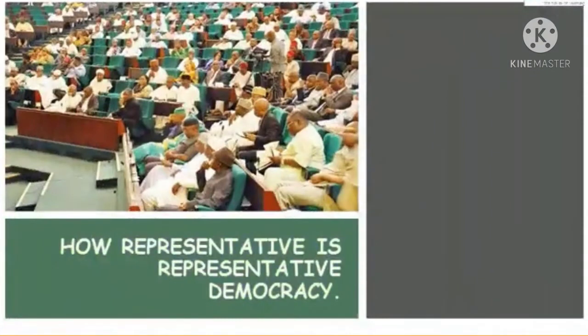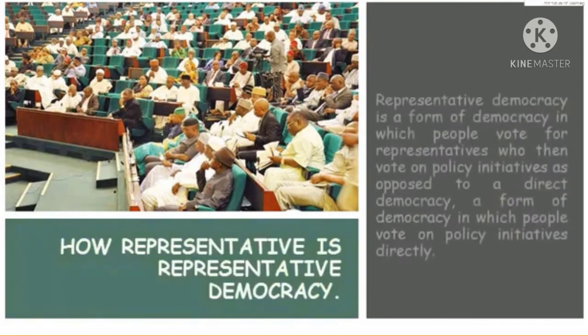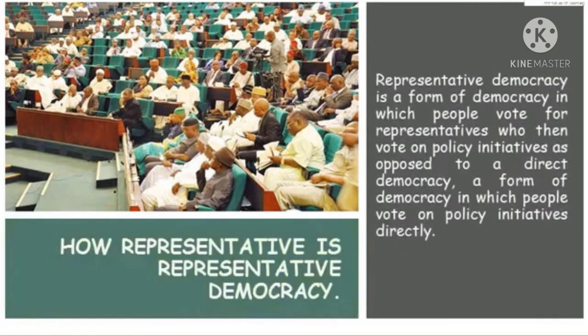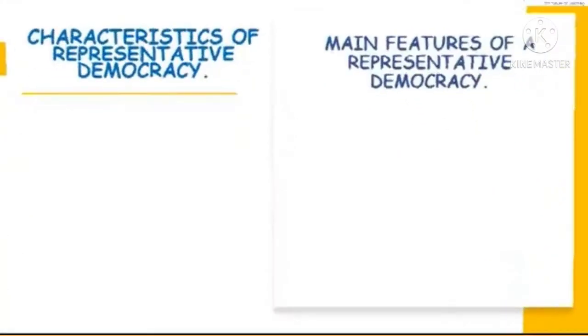However, how representative is representative democracy? Representative democracy is a form of democracy in which people vote for representatives who then vote on policy initiatives, as opposed to a direct democracy, a form of democracy in which people vote on policy initiatives directly.